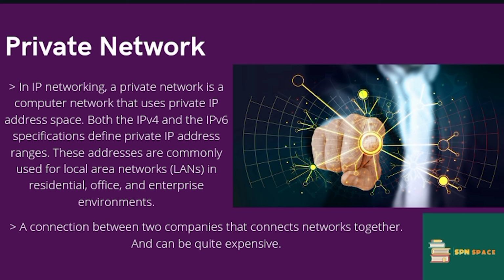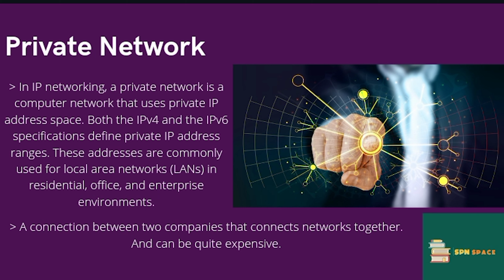So let's see the difference between IPv4 and IPv6. IPv4 is a 32-bit IP address, whereas IPv6 is a 128-bit IP address. IPv4 is a numeric addressing method, whereas IPv6 is an alphanumeric addressing method containing both alphabets and numbers.